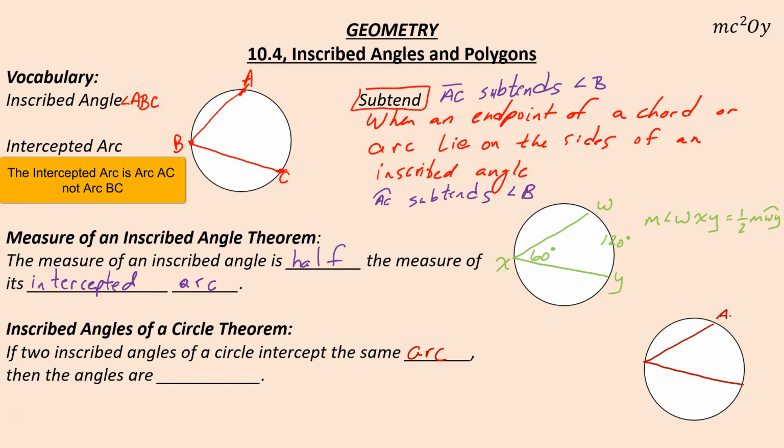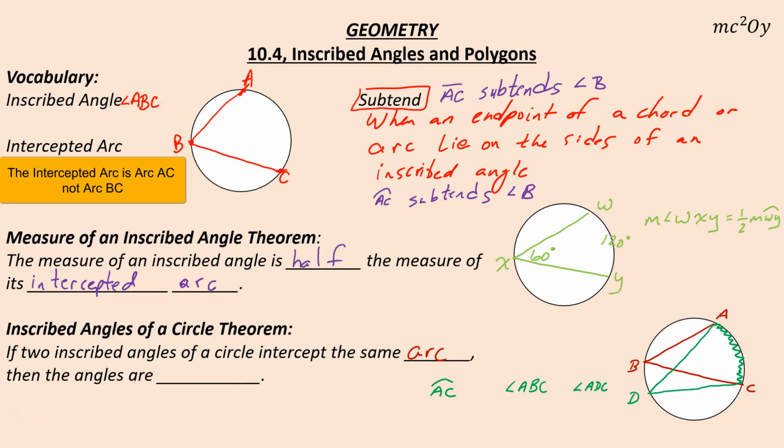Let's label that A, B, C. Okay, and then let's draw another inscribed angle, this time right there, and we'll call this D. We'll notice both angle ABC and angle ADC intercept the same arc, arc AC.